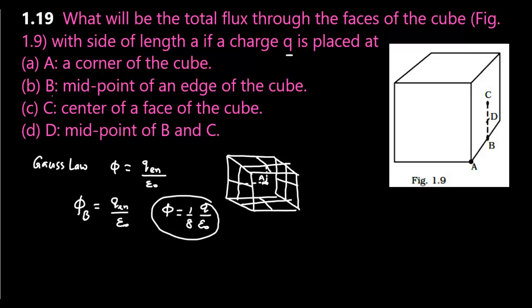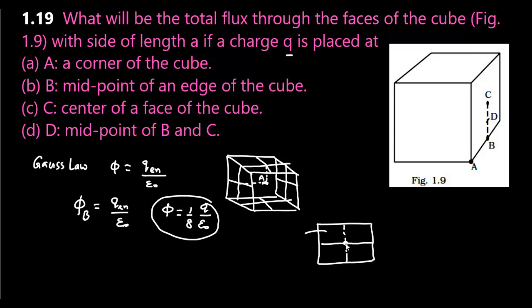Now when we place the charge q at point B, that point B is the midpoint of an edge of the cube. If we place the charge at this point, we will follow the same procedure, but now we have to consider 4 cubes, not 8 cubes, just following the symmetrical considerations. This is our given cube, and we have to arrange 3 more cubes such that point B is here.